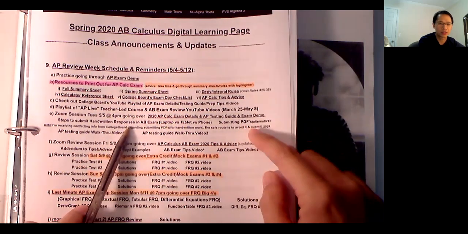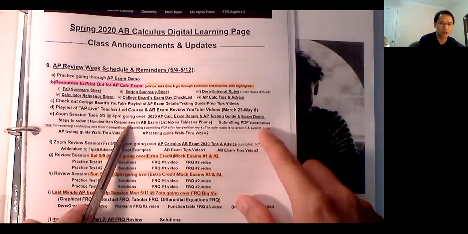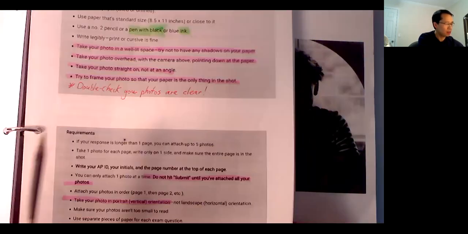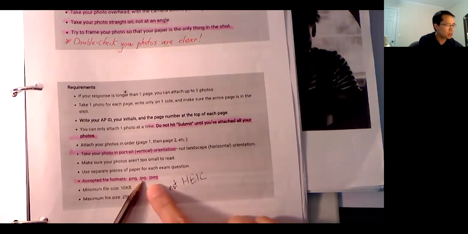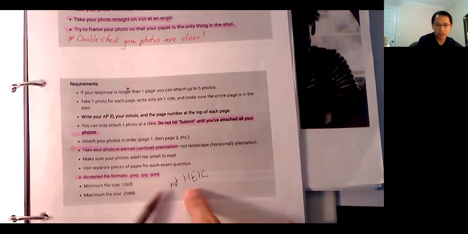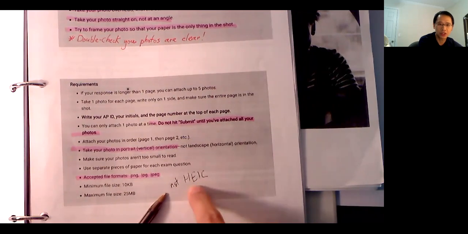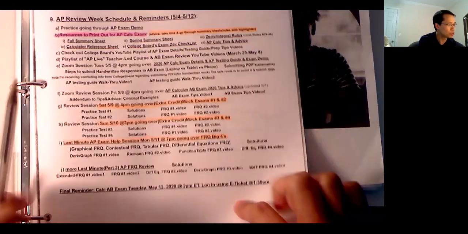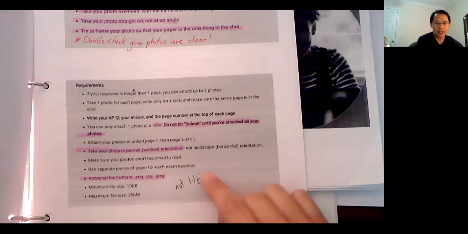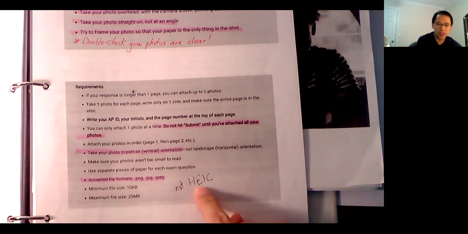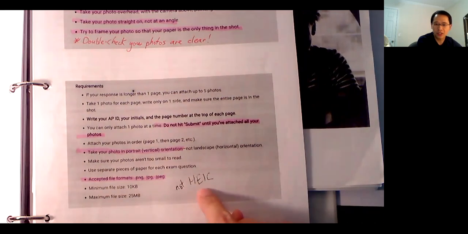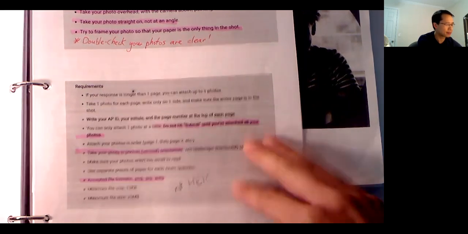I just feel like JPEGs are going to be more straightforward than PDFs. And make sure it's JPEG, PNG, or JPG, not HEIC. So when you go through your demo, double check that the file extension that's coming up is JPEG.